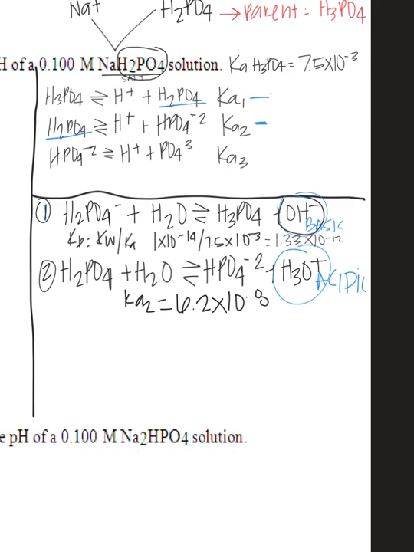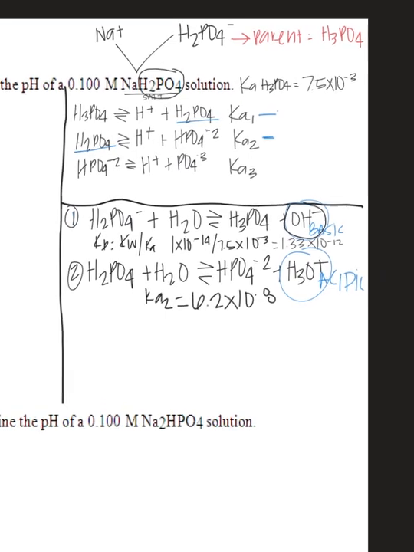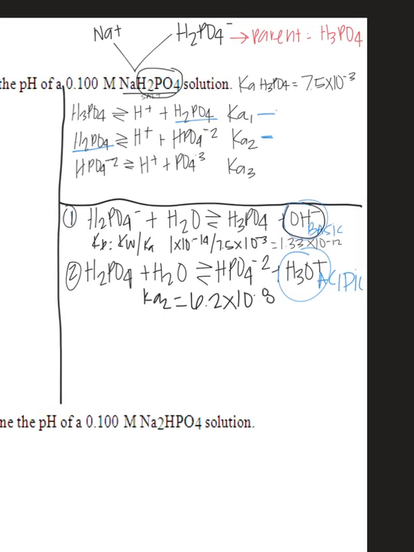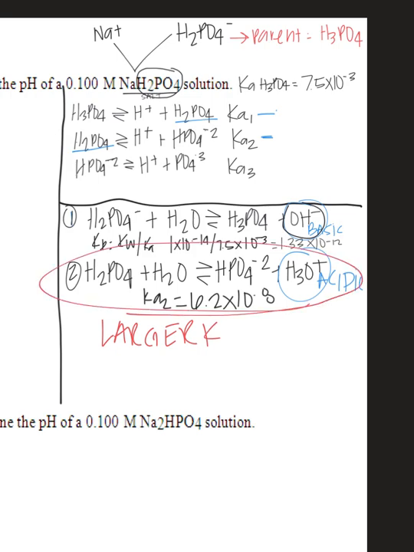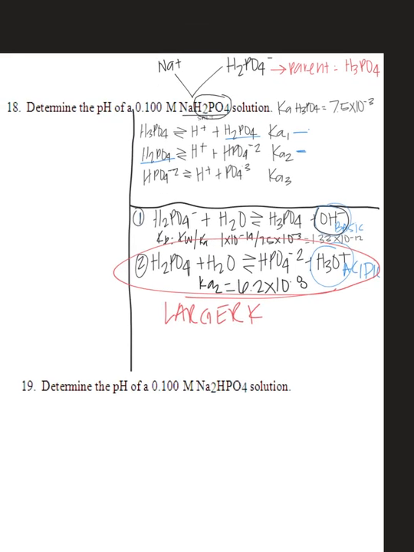All right, so again, we want the one that has the larger K. So which one is more likely to proceed in the forward direction? Okay, that's my larger K, which is this equation. So once I do that, now I just treat it like a normal RICE table using the equation that has the bigger K.